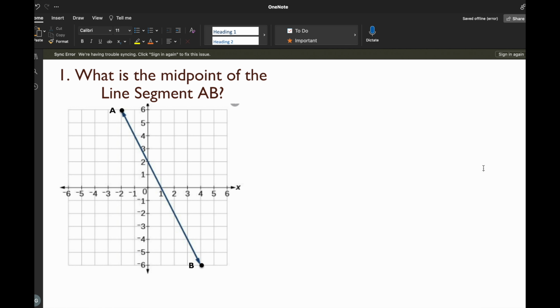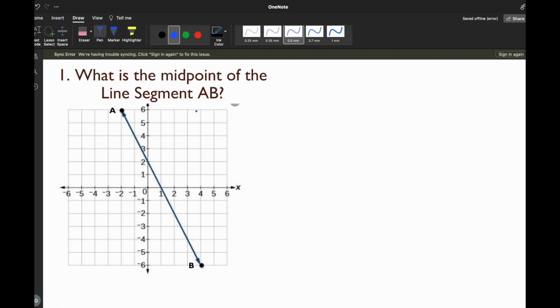All right, so the reason I'm doing this is I want y'all to see visually the representation of what we're actually calculating, okay? So in order to find the midpoint of a line segment, notice this is where the line ends at A and B. So that is just the points that we have here. So we can say the coordinates of A would be what? Minus 2, 6. Wonderful.